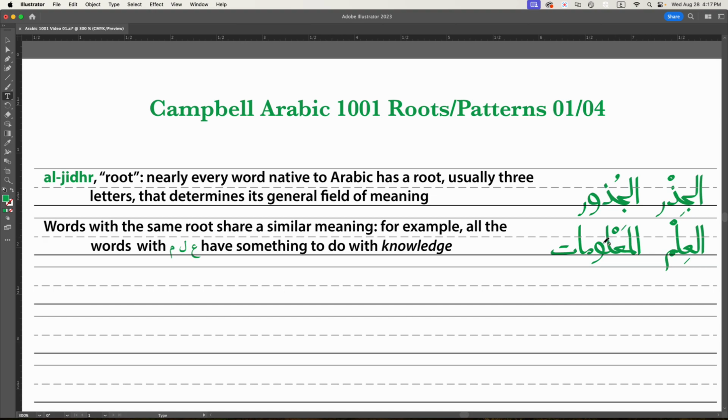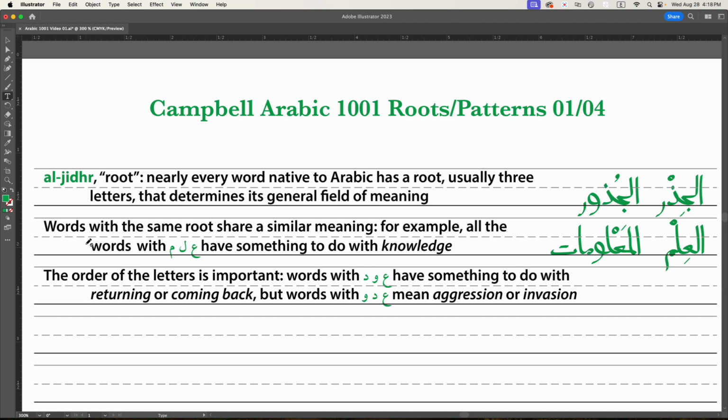So we've added these things, the mim and the waw, in order to turn ilm, knowledge, into ma'lum, that which has been made known. And then we make it plural and add the definite article to give us things that have been made known, therefore data or information. So you can see they both have something to do with knowledge.